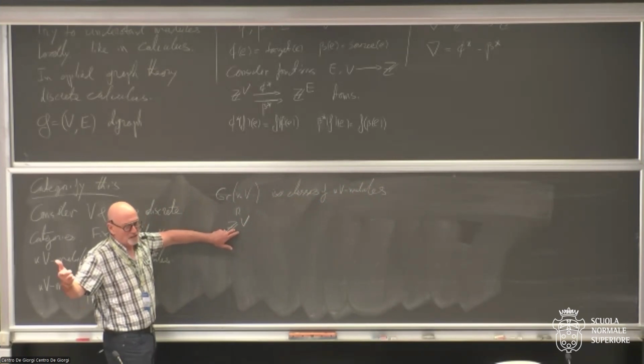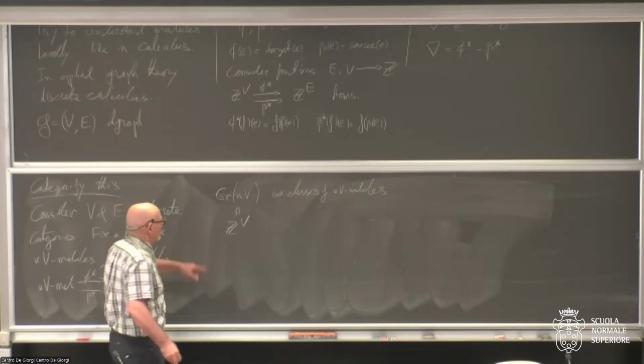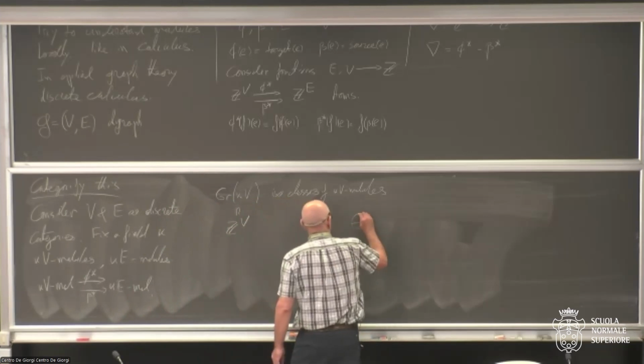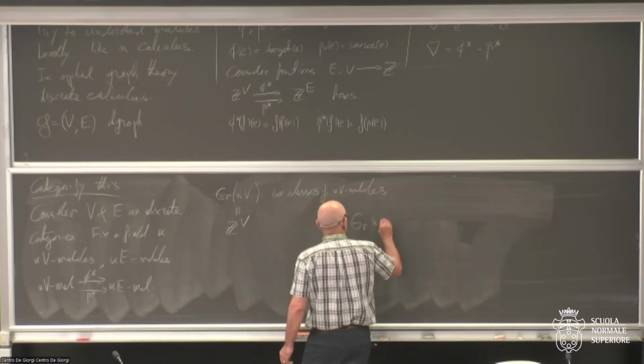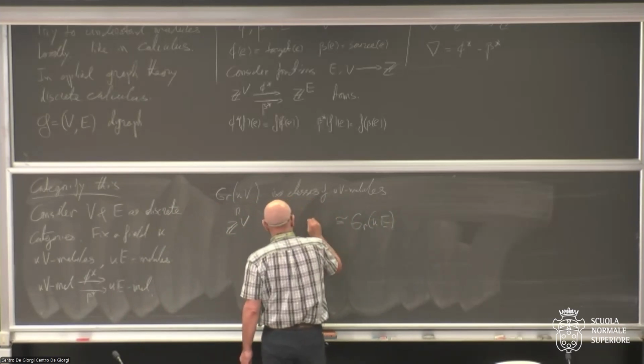Up to isomorphism, that's fine. Okay, so isomorphism classes is just that. And the Grothendieck group of KE is just Z to the E, okay?